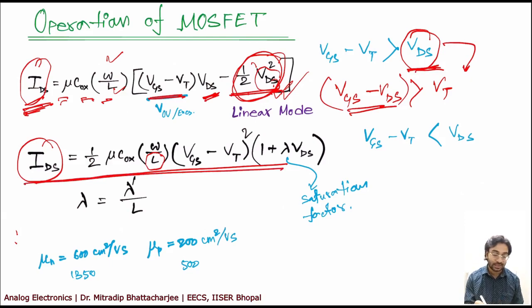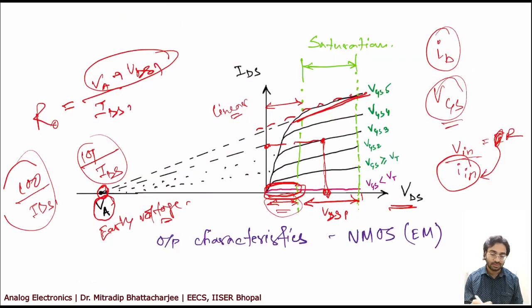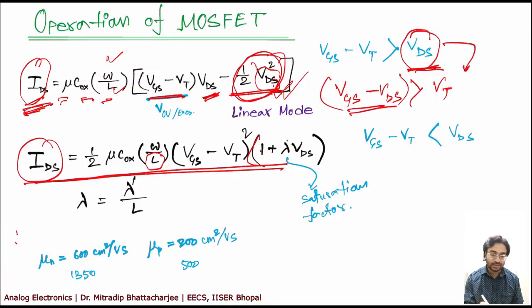Just to compensate for this, we have a term called 1 plus lambda VDS, because this is a function of VDS. As you increase VDS, this is what will happen. There is a small slope. Ideally this lambda, which is known as the saturation factor, should be 0.